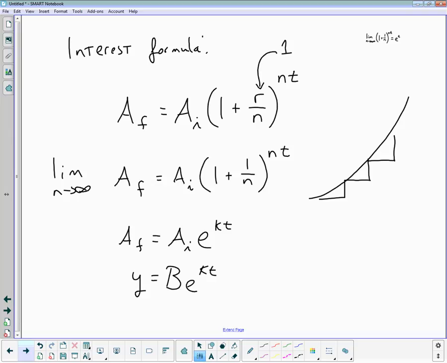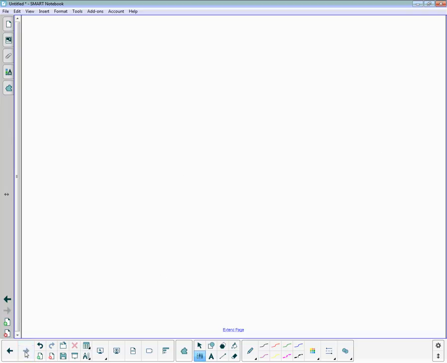Now, depending upon the problem, some information will be given, some information will not. So, let's go through some of the examples that are in here. Okay. Number 1. The population of a country is growing at a rate proportional to its population, so that means we've got y prime is equal to ky.